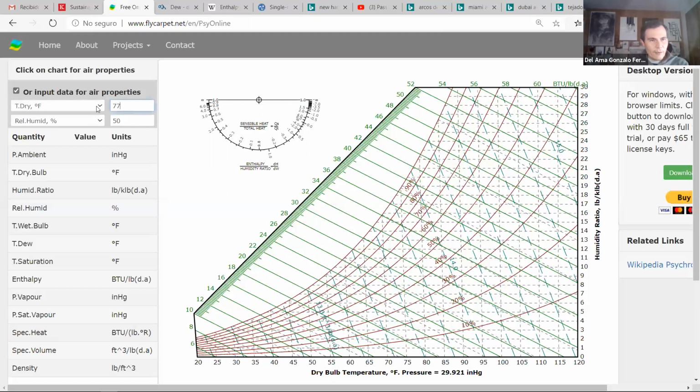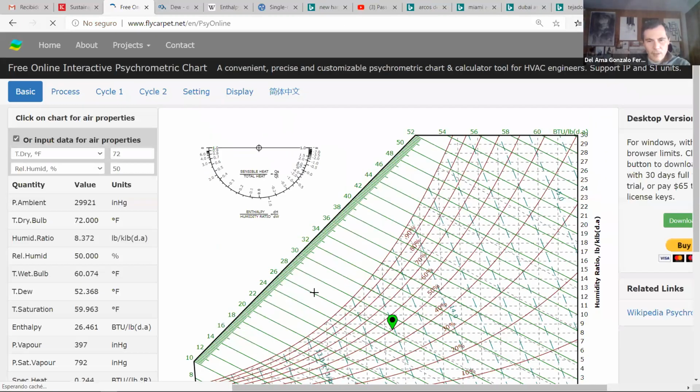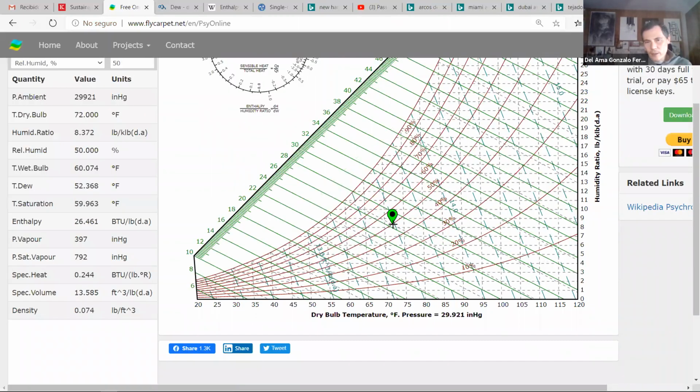So indoor air is 72 and 50. Do not forget to click this, because if you don't click that, nothing will happen. But if you click here and then click submit, there you go. We have this green dot here at 72. This is 70, so it's 72 and 50% of relative humidity here.